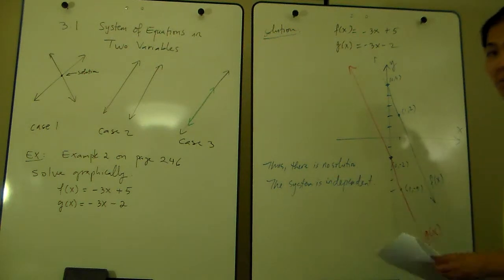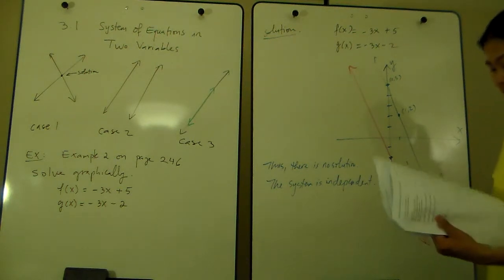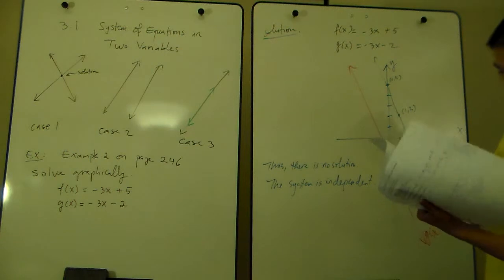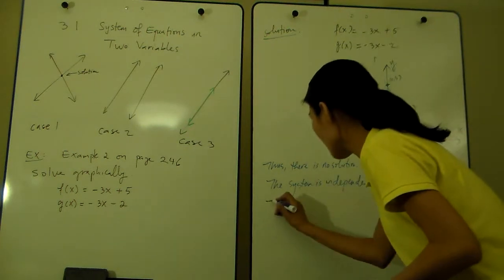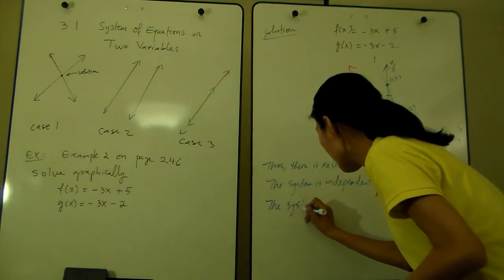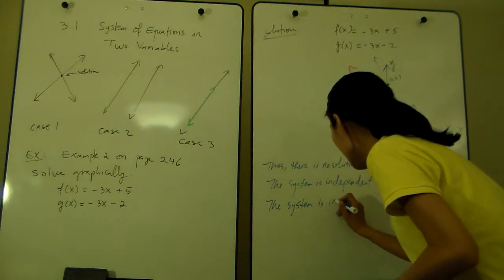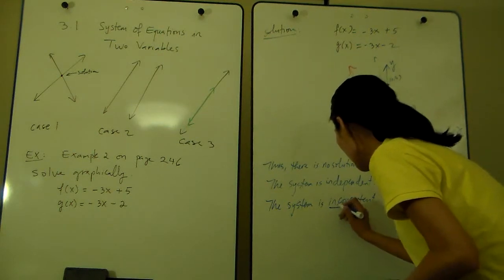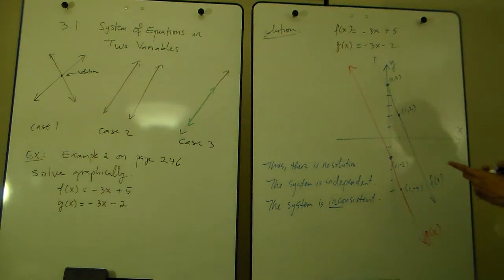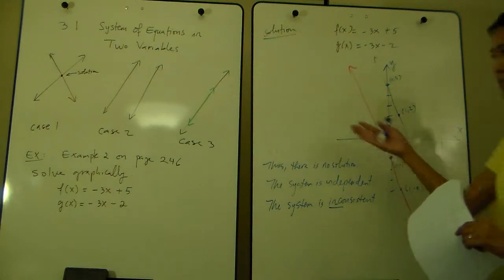There's no solution, that means it is inconsistent. So if you have a question, go back to the definition. So we would say that the system is inconsistent. Okay, so this is the solution for this example.